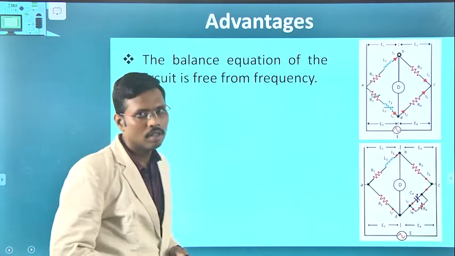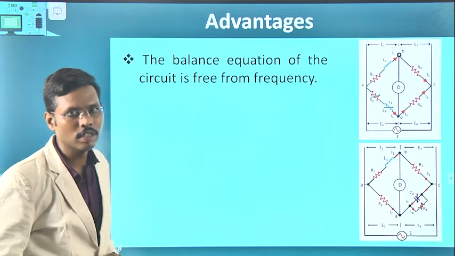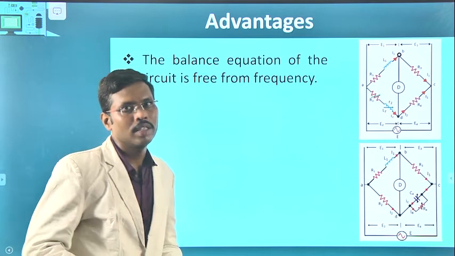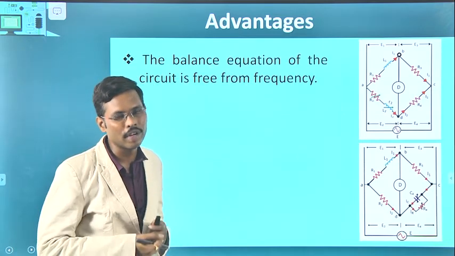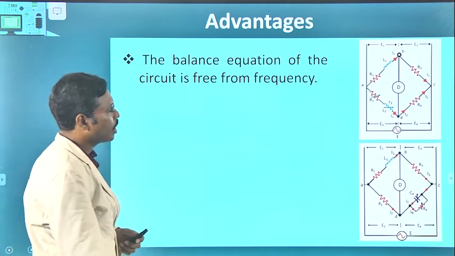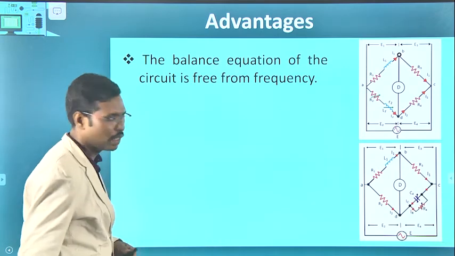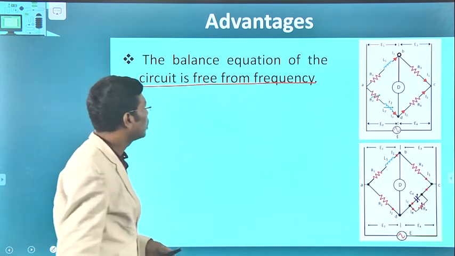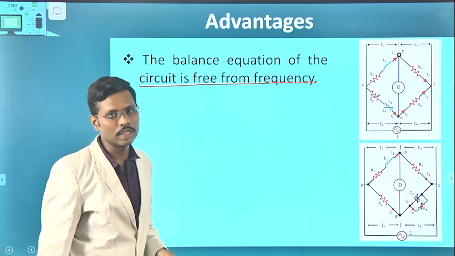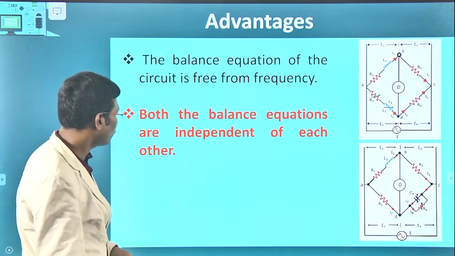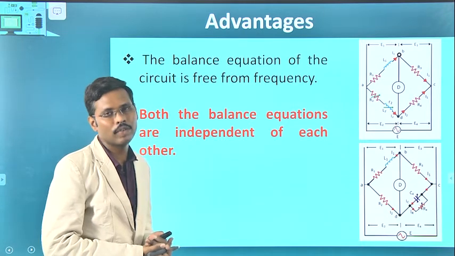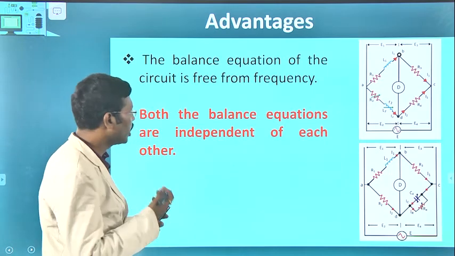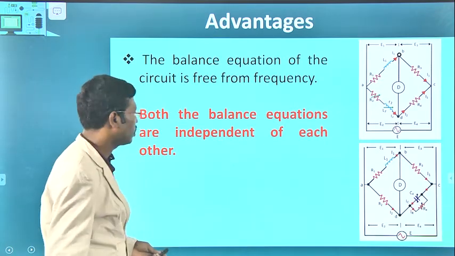Now we will discuss the advantages of this Maxwell inductive capacitance bridge. The first advantage is that the balanced condition of this bridge is free from frequency. Though we are using inductors and capacitances, the balanced equation of this bridge is independent of frequency, and both the balanced equations of this bridge network are independent of each other.